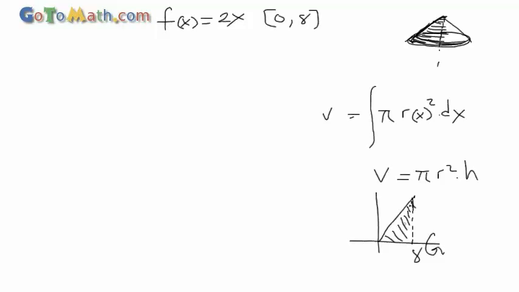This is our radius, and the radius is changing. So all we have to do is use the washer or disk method. The disk method's what they call this.